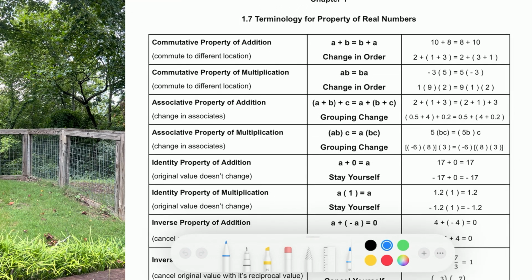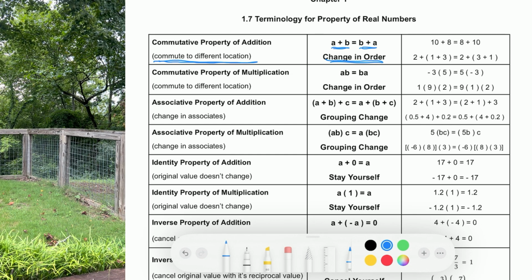So the first one that we're going to look at is commutative property of addition. You'll notice that it just says commute to different locations. So what that means is the items, whether it's variables or numbers, are going to change order right here. You'll notice that we have A plus B equals B plus A. So what we're comparing is what is different from the left side when we look at the right side.